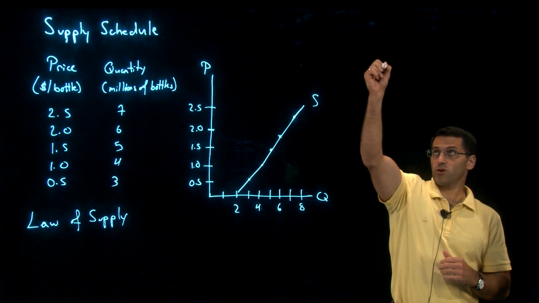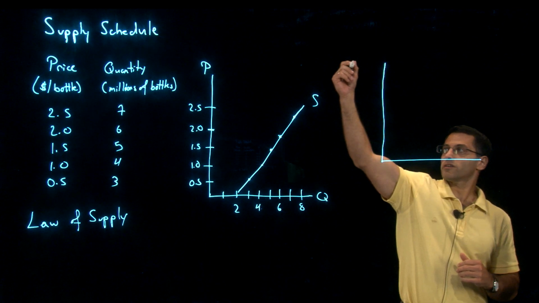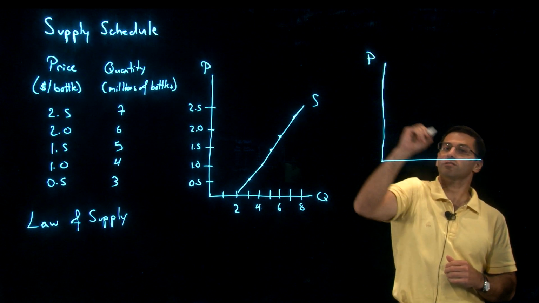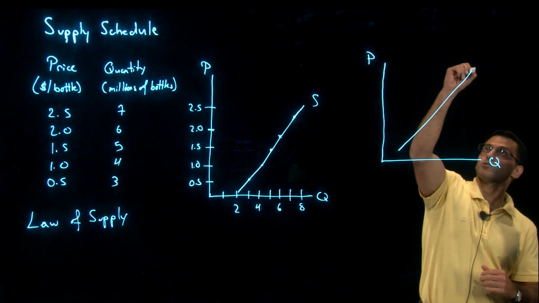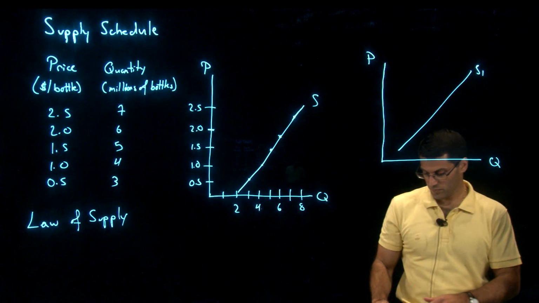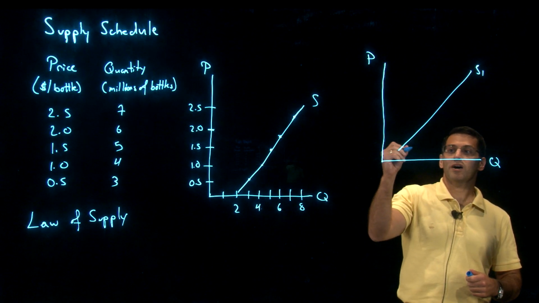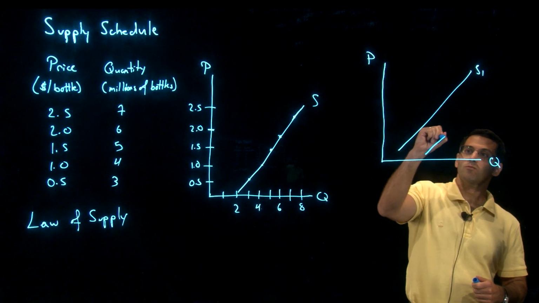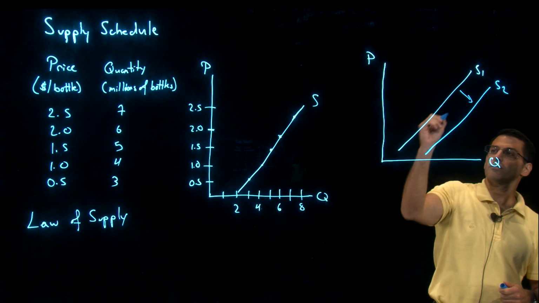So just as we did before, we'll go ahead and draw a supply graph here. And we have some initial supply curve S1. And we can think about, well, what would a shift from S1 to, say, S2 be?